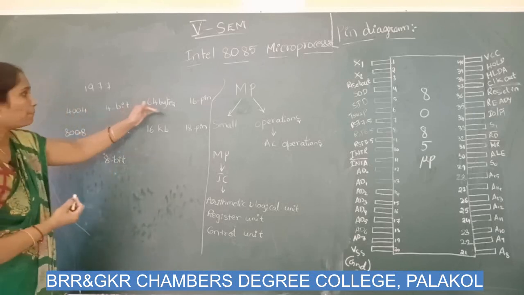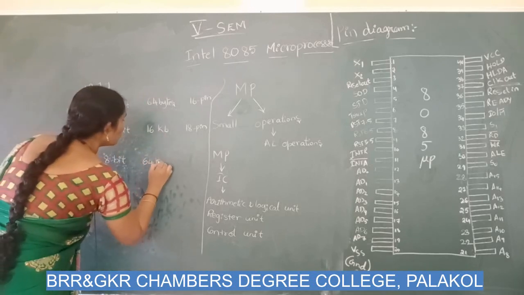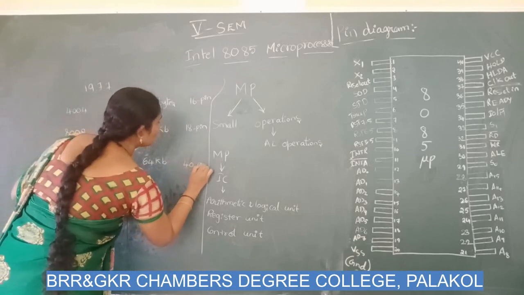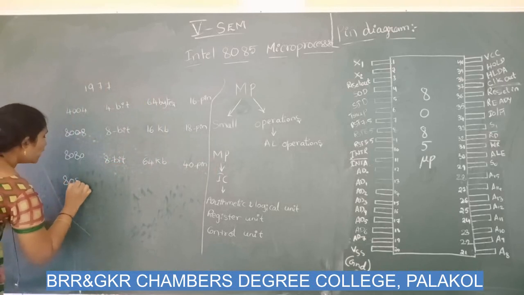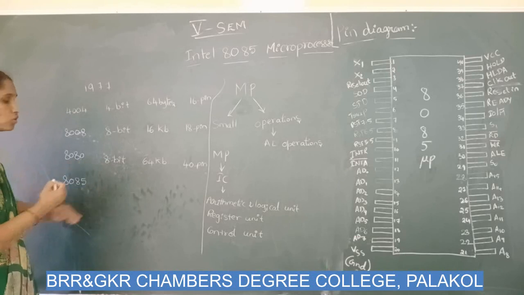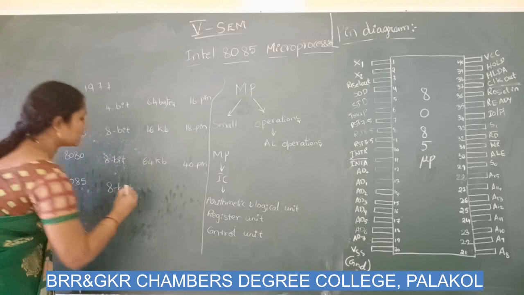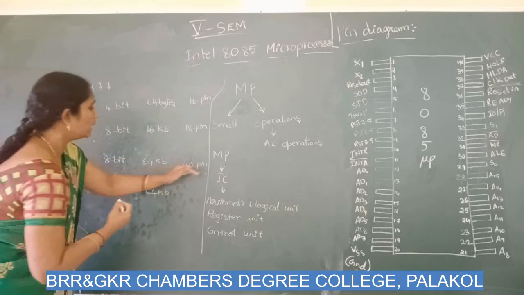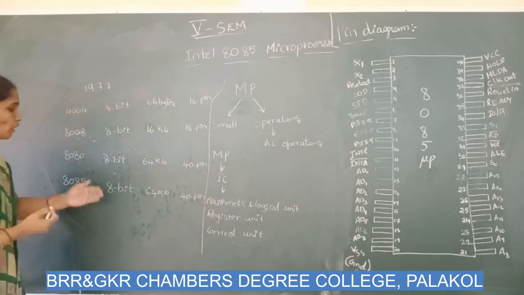The memory size is 64 kilobytes, and it is a 40-pin IC. And after that the 8085 microprocessor. This microprocessor is also an 8-bit processor. The memory size is 64 kilobytes, and it is also a 40-pin IC.